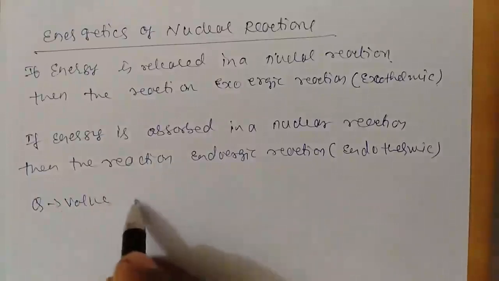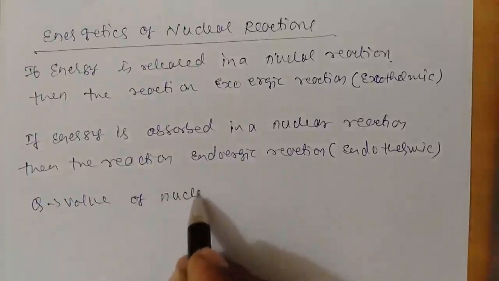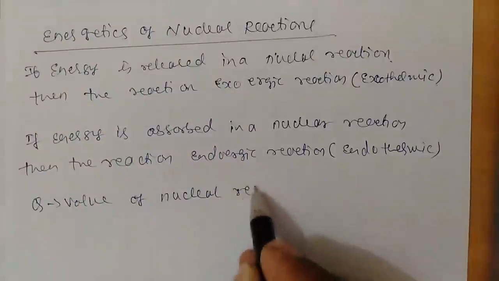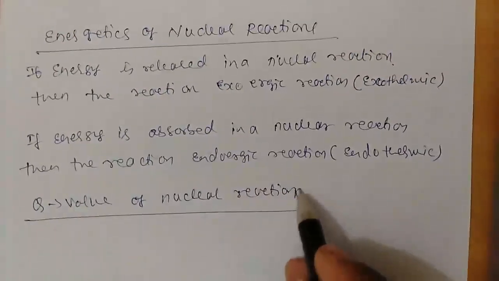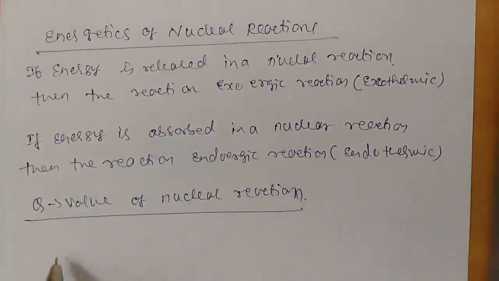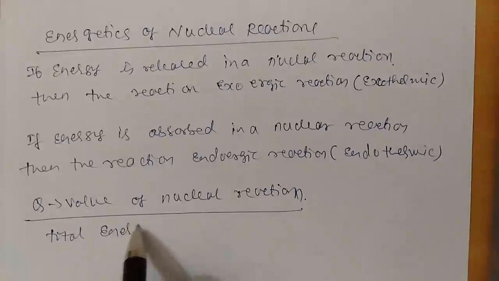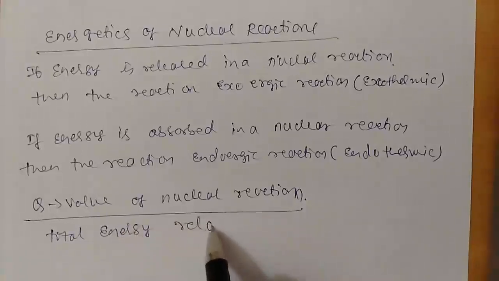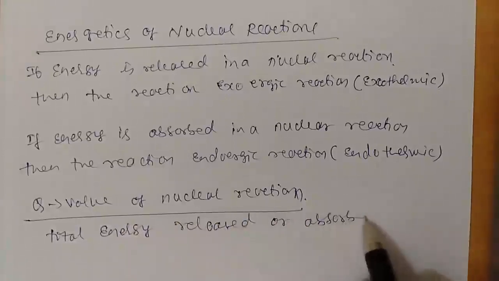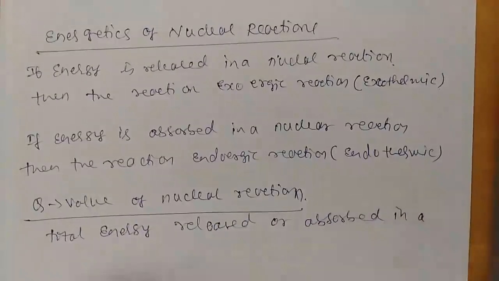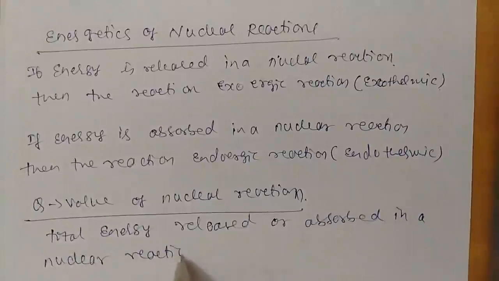So the Q value of a nuclear reaction is defined as the total energy that is released or absorbed in a nuclear reaction. Depending upon this, we are going to tell whether it is endoergic or exoergic.